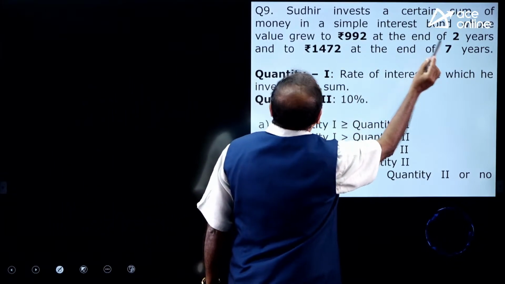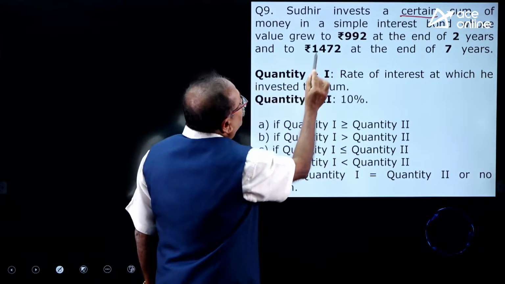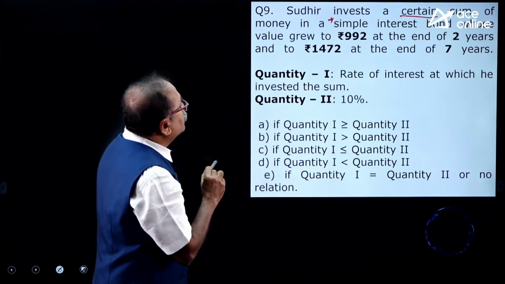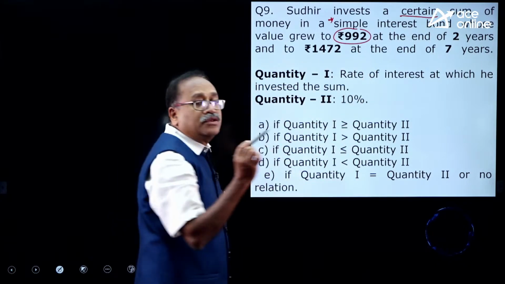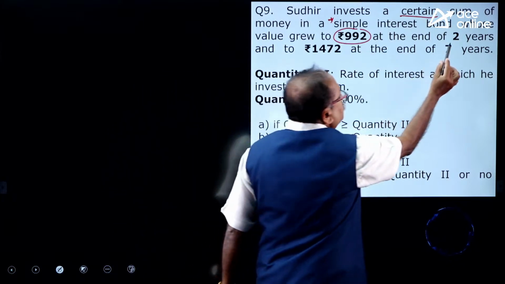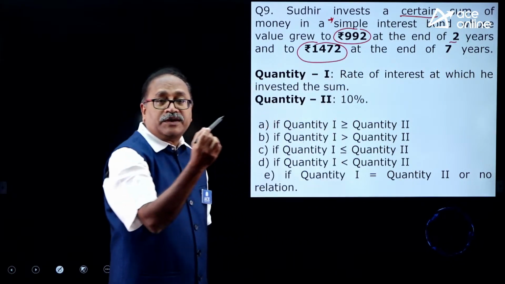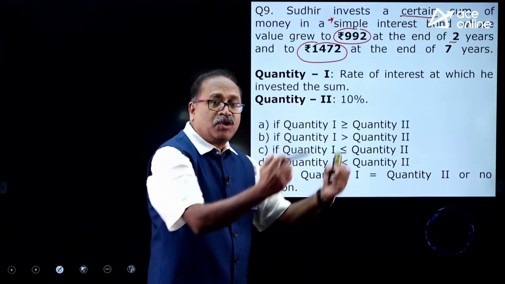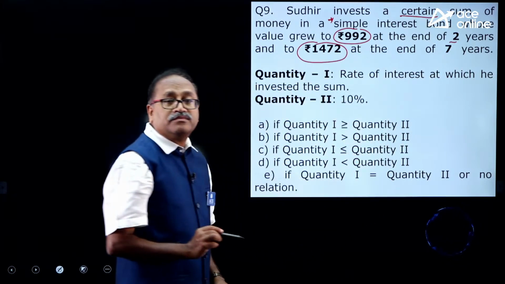Sudhir invested a certain sum of money, I don't know what sum, on a simple interest bond which grows to rupees 992 at the end of 2 years, and rupees 1400 grows to, that means amount, not interest, grows to that amount in 7 years.